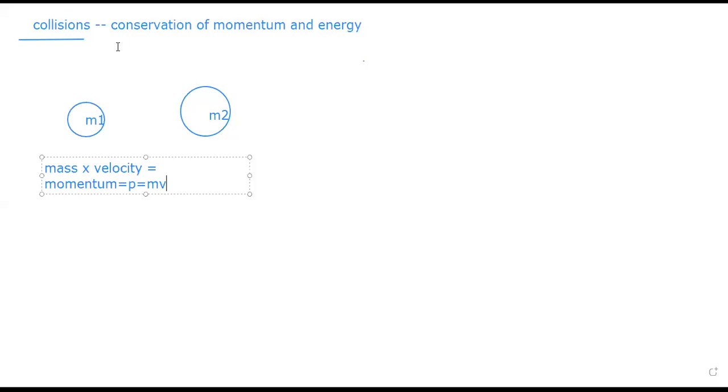So now in mechanics, we should define what collision is in physics, not like in normal terms, just hitting or interacting.